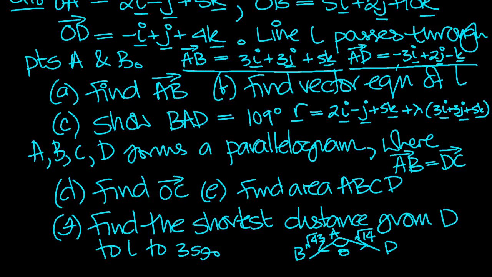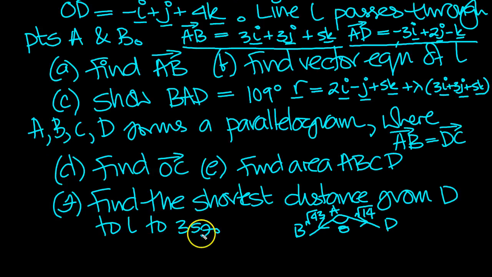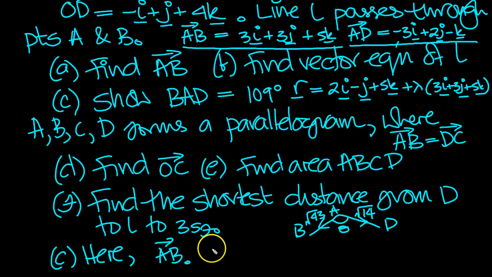So we've drawn it in a triangle here. So we do the dot product. So this is now part C. AB as a vector, dot product with AD, will equal the modulus of AB, which we said was root 43, times the modulus of AD, root 14, times the cosine of the angle in between them.